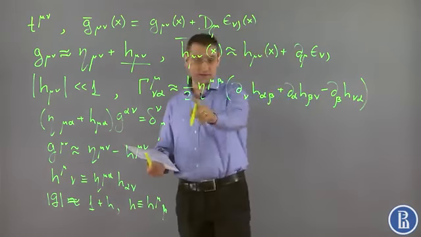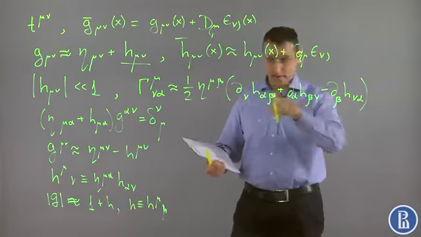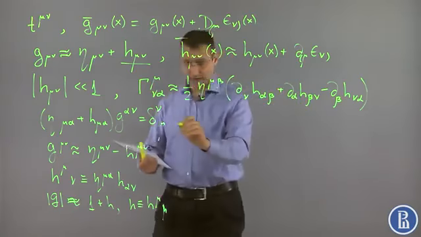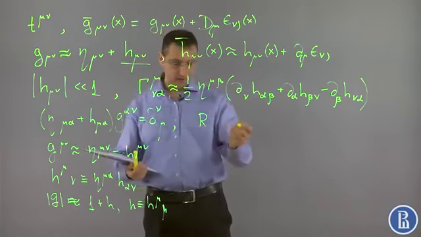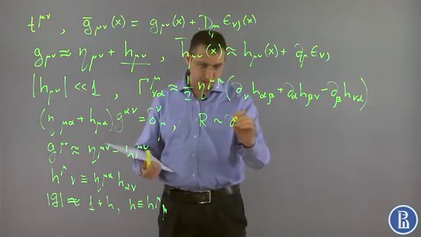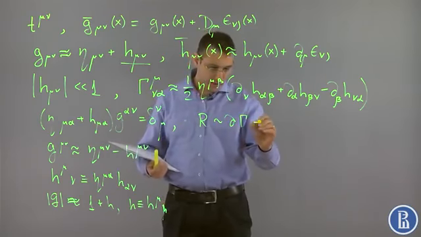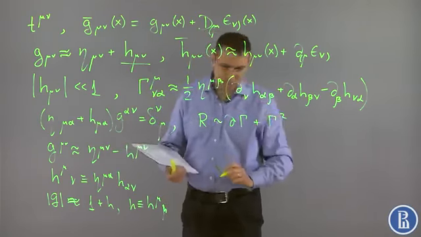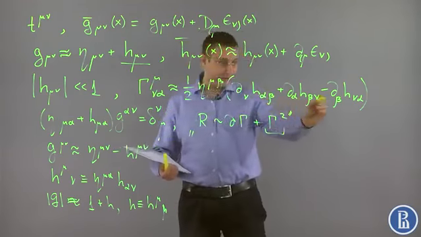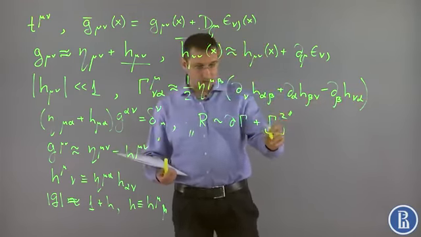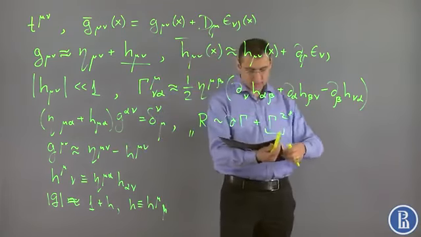So we see that Γ is linear in h. As a result, we remember that in the Riemann tensor or the Ricci tensor there are contributions which are ∂Γ and Γ squared, schematically. These terms are of second order in h, so at linear order we drop them.